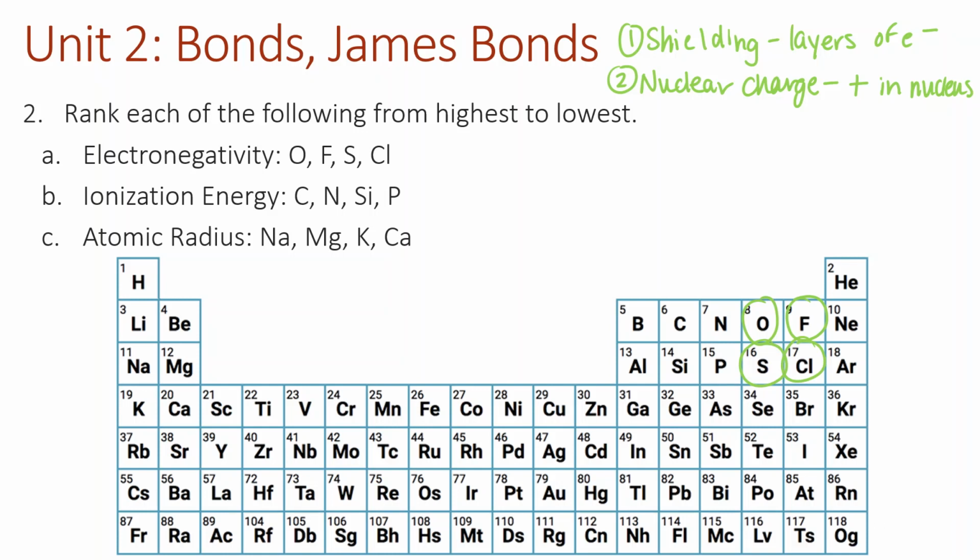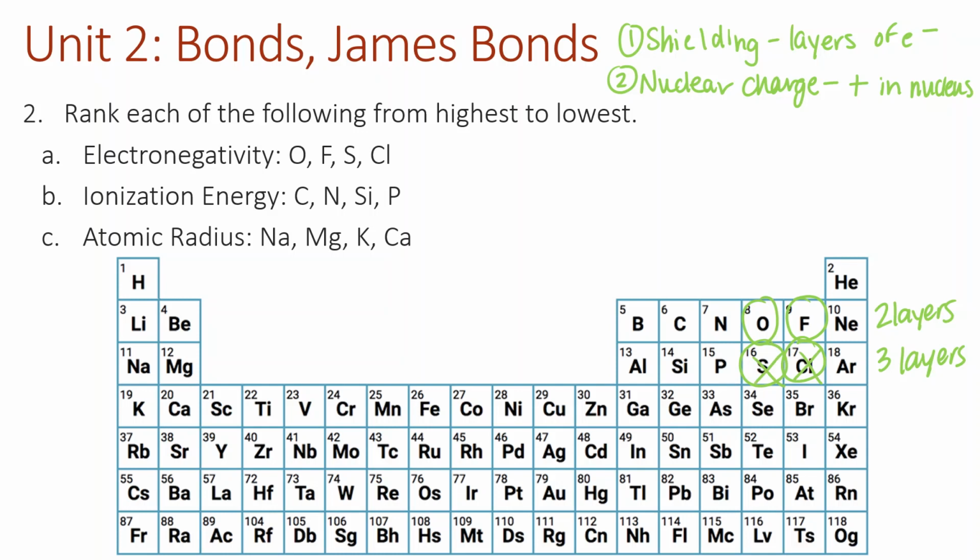So looking at O and F versus S and Cl, O and F are going to have 2 layers of electrons, whereas S and Cl are going to have 3 layers of electrons. So 3 layers means that those electrons are farther from the nucleus. So we can eliminate the 3-layer atoms because that's going to be less attractive than 2 layers.